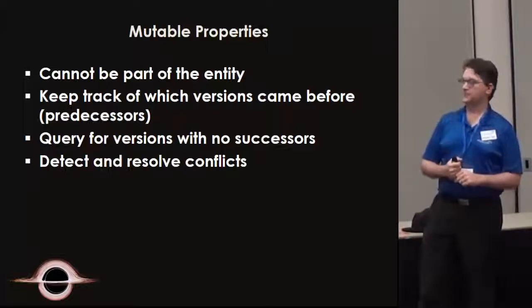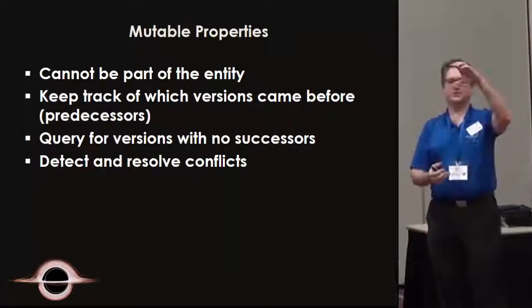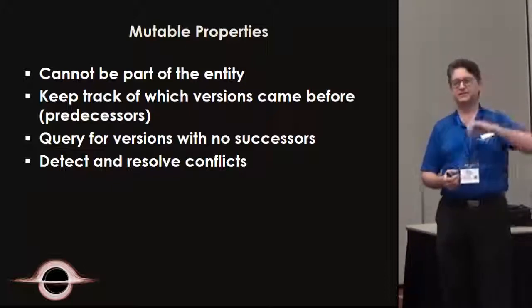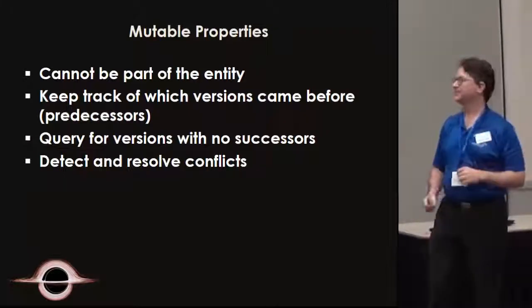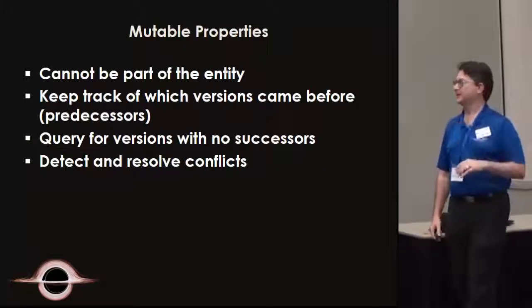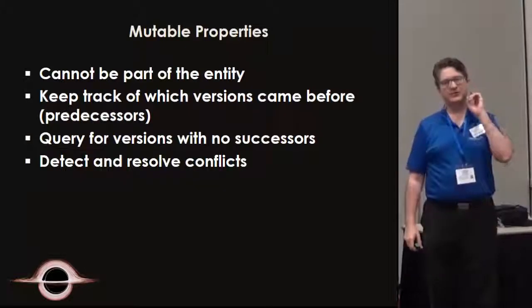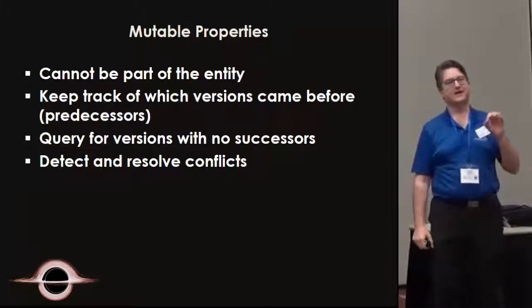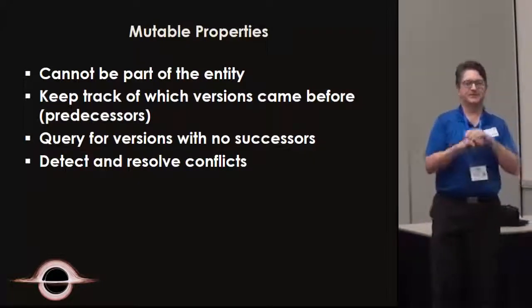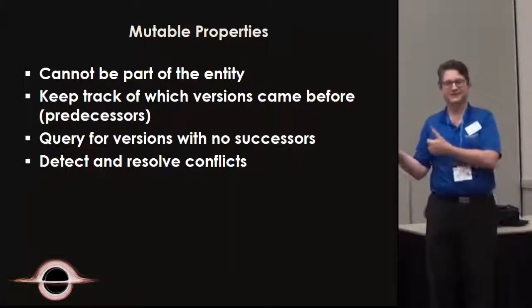You would want to keep track of which versions came before. So you're always keeping track of your predecessors. These were the versions that you came from. And you query for versions that have no successors, and that gives you the current version. This also allows you to detect and resolve conflicts. So this is where it really comes in, and this is why Git uses this technique.